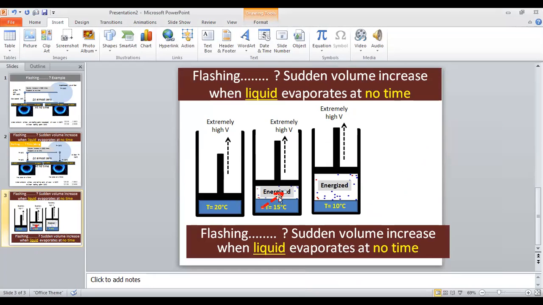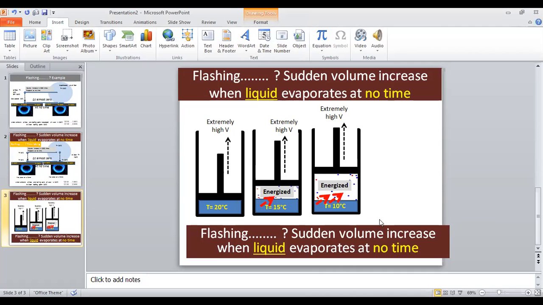Releasing energy. More gases, more and more releasing energy.